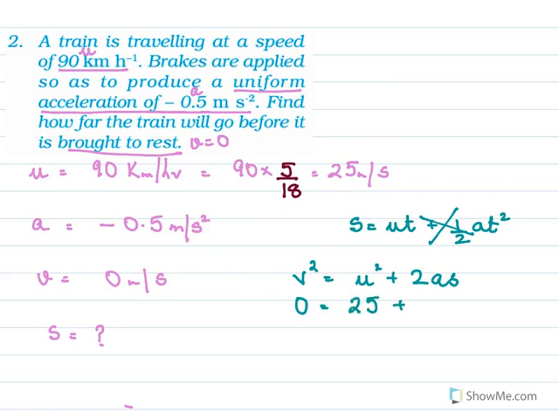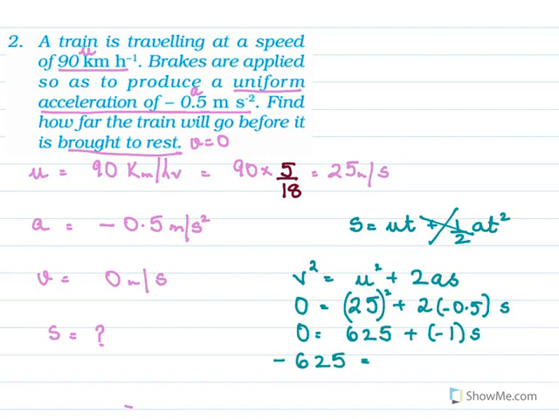The initial velocity u was 25, the a was minus 0.5, and the distance we need to find. So 0 equal to 625, 2 into 0.5 will be minus 1 times s. We take the 625 to the other side, so minus 625 equal to minus 1 times s, so s will be 625 meters. So the distance is 625 meters.